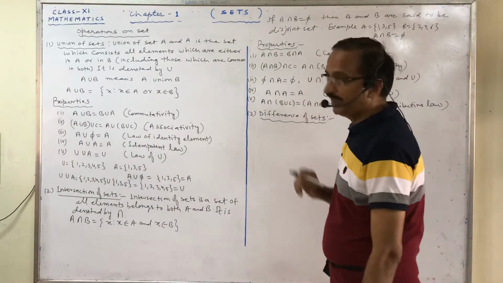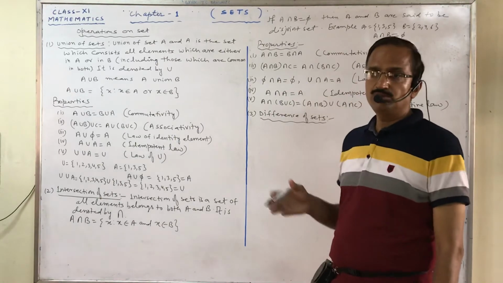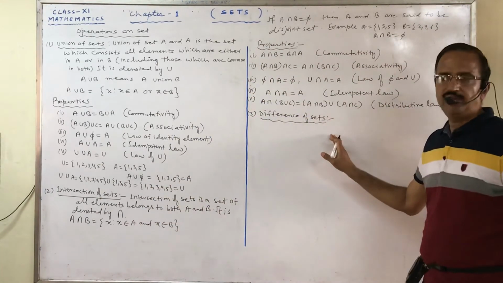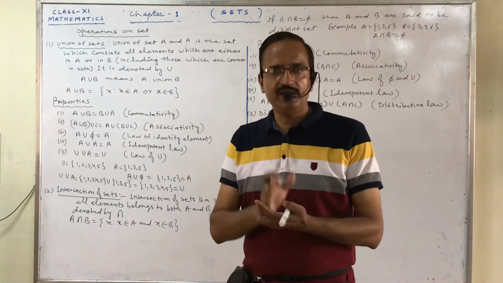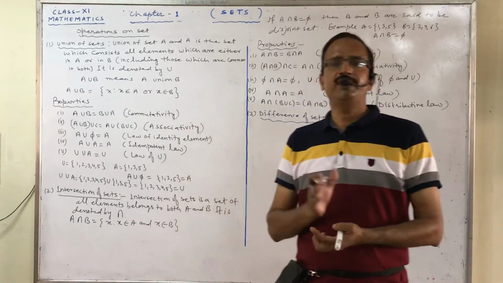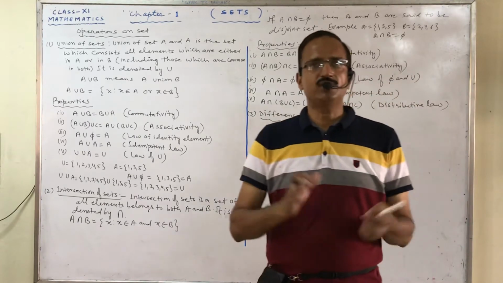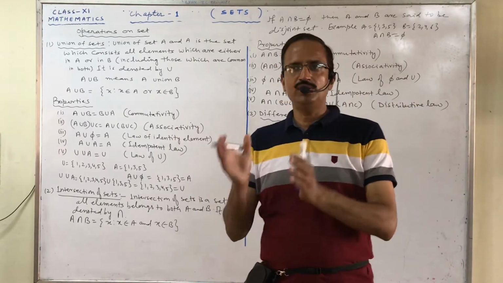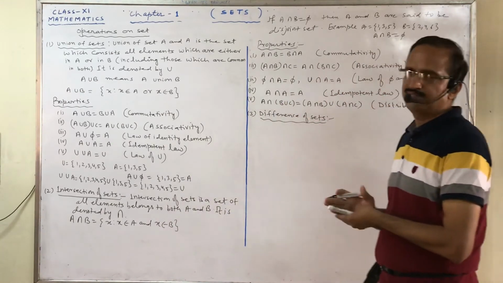So this is also a set which belongs to A but not B. This is the set which contains all the elements of A except the common elements of A and B. We subtract the common elements of A and B from A. Then that set is called difference of sets.